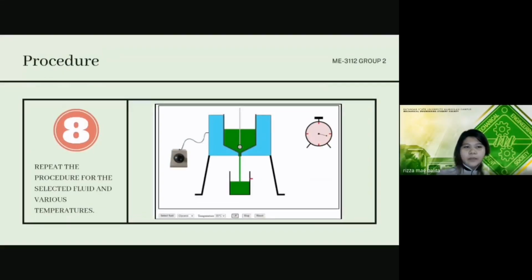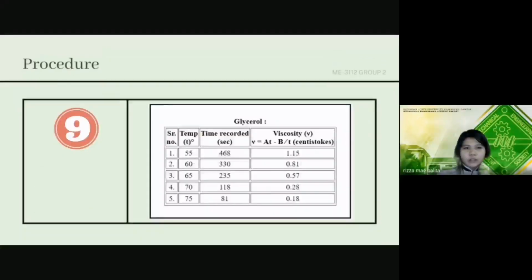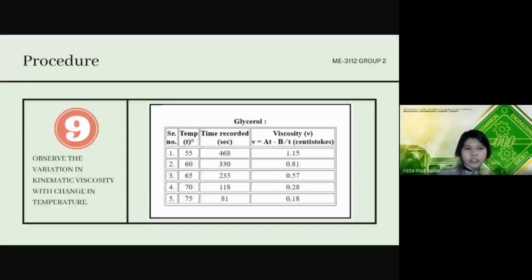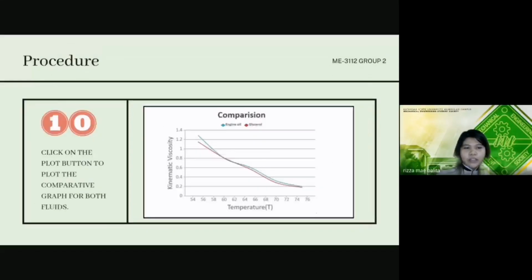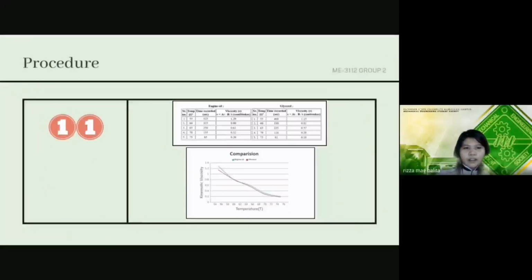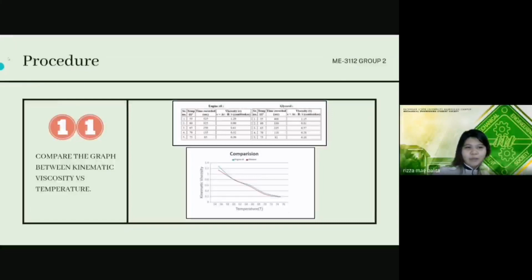Next, repeat the procedure for the selected fluid and various temperatures. Observe the variation in kinematic viscosity with change in temperature. Next, click on the plot button to plot the comparative graph for both fluids. And the last one is to compare the graph between kinematic viscosity versus temperature.